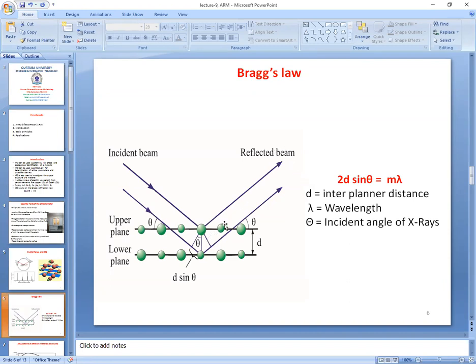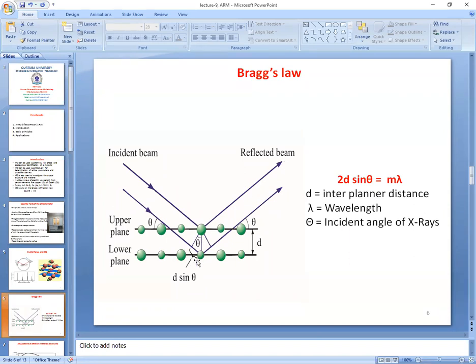So what is d? d is the interplanar distance. And if you see, there is a path difference between these two rays, and if the path difference is equal to m lambda, then there will be constructive diffraction, and we will obtain a bright spot. So this law is satisfied, we get constructive interference, and we get bright spots on the photographic film of the detectors.